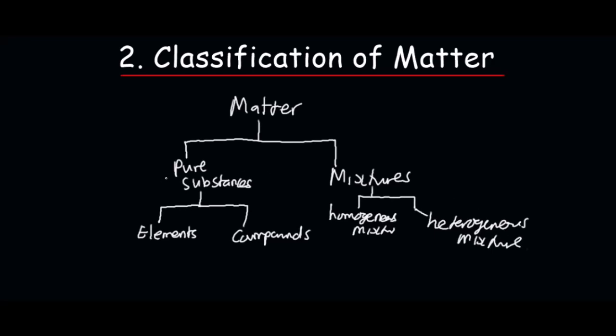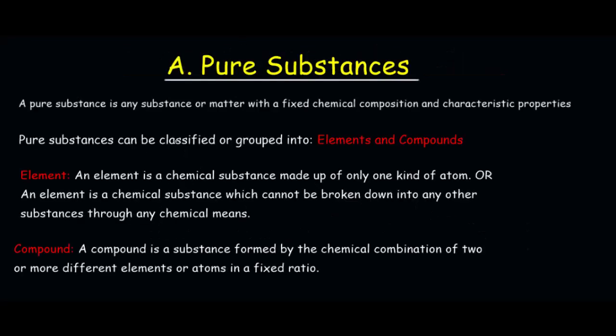So now we are going to take a look at what a pure substance is, what a mixture is, then we'll take a look at the subdivisions. So, what is a pure substance?